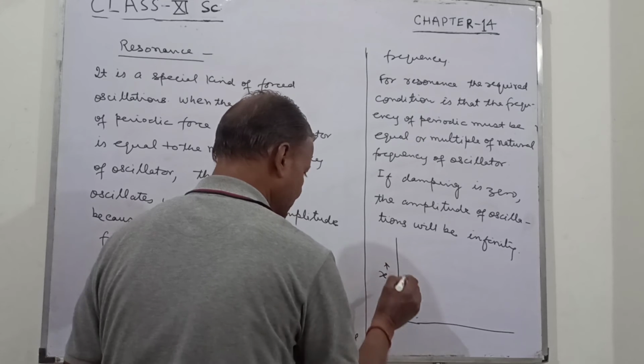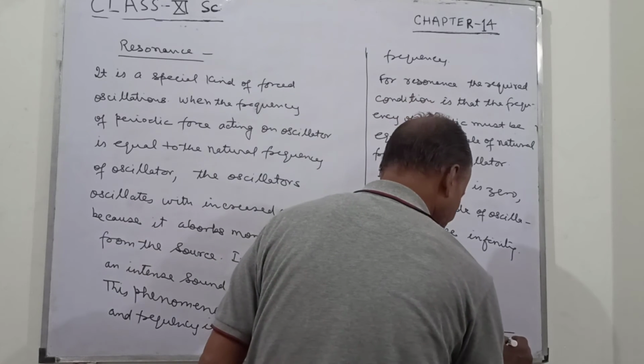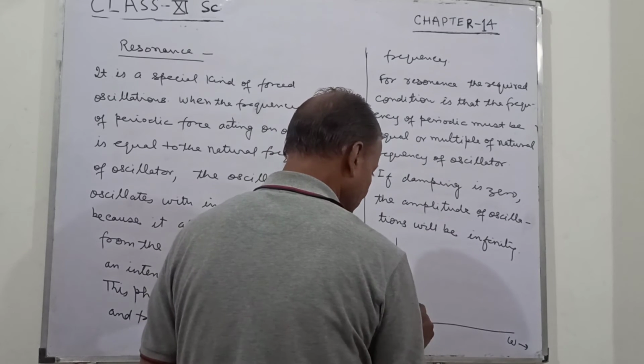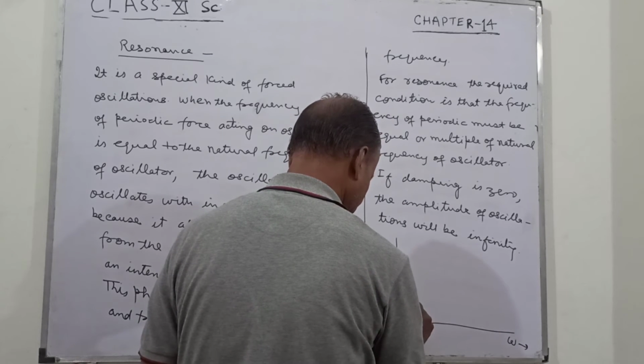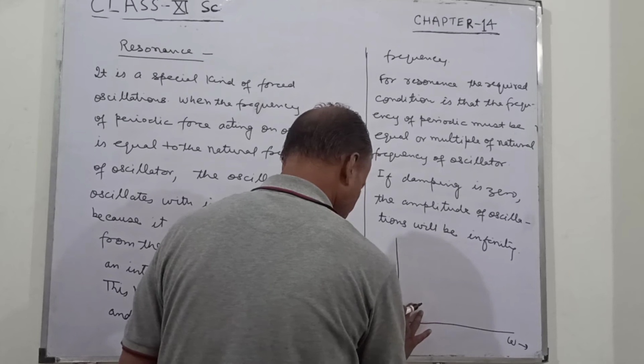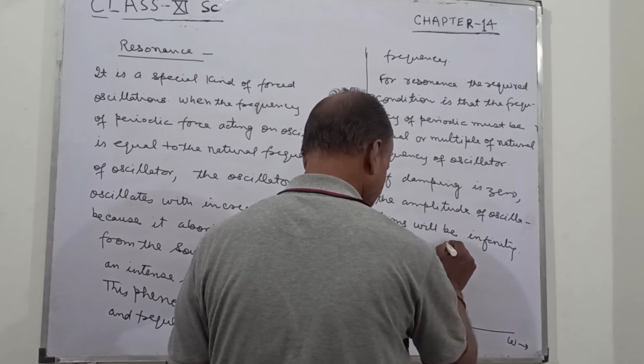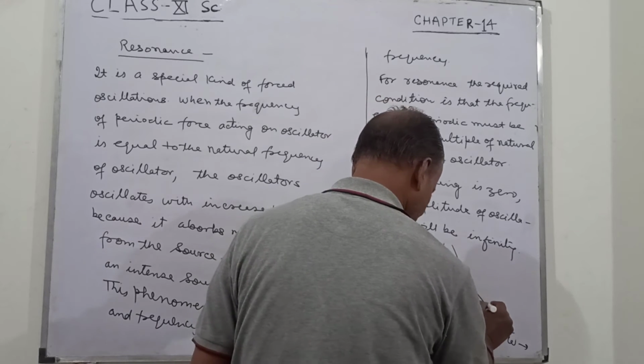Suppose we take x, and on this axis the frequency omega, then we can have a curve like this that goes to infinity.